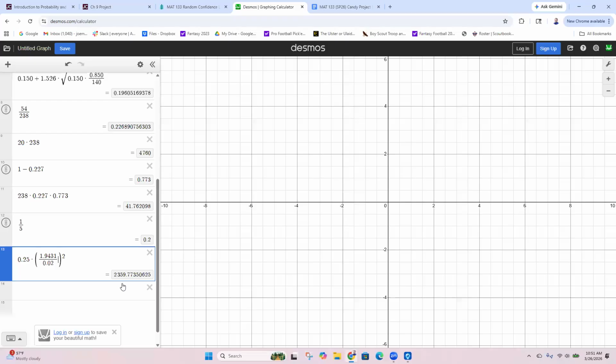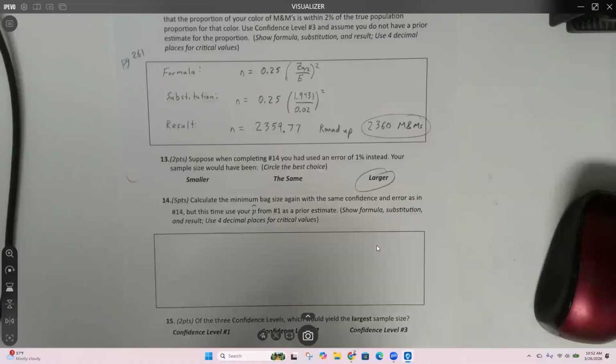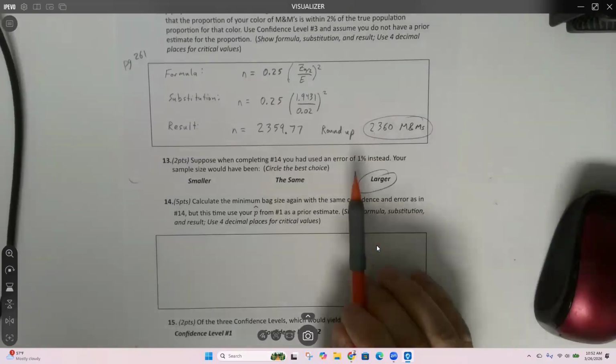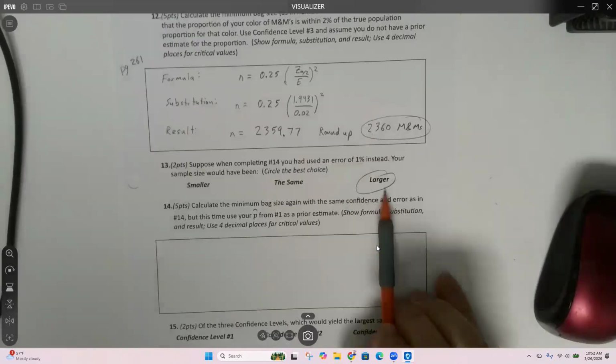If I had put in 0.02 and I instead put in 0.01, my sample size is now 9,000 M&Ms. That is a huge jump. It went from 2,000, which is still pretty big. It jumped quite a lot. So more accurate means a larger sample size.